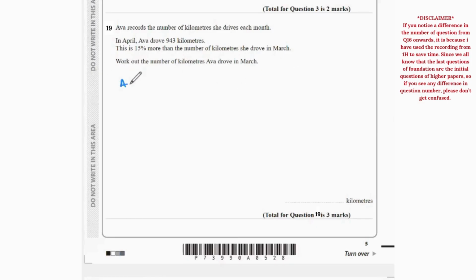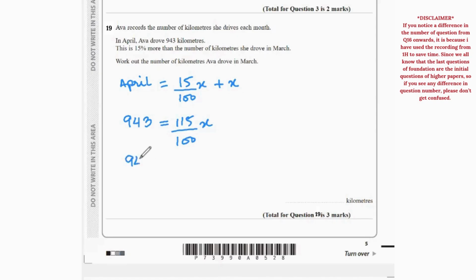So April is basically 15% more than the number of kilometers she drove in March. So 15% of x plus x. So that's 943 equals 115 over 100 x, basically 115% of the number of kilometers she drove in March.